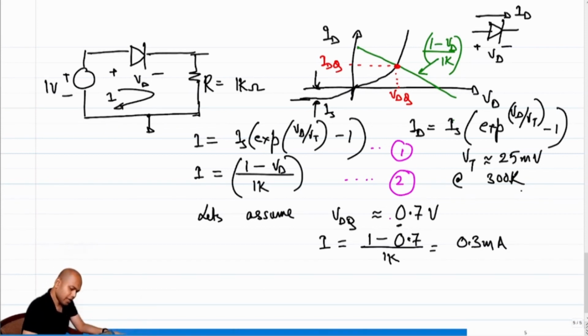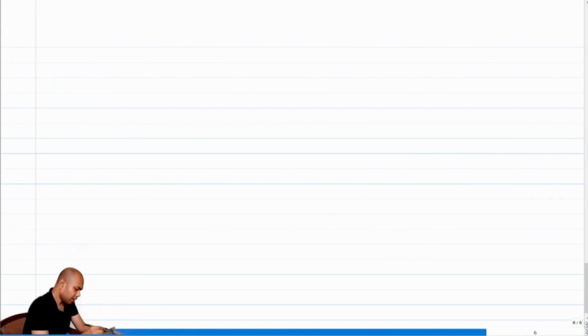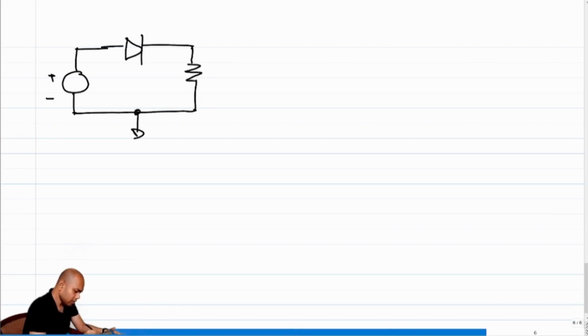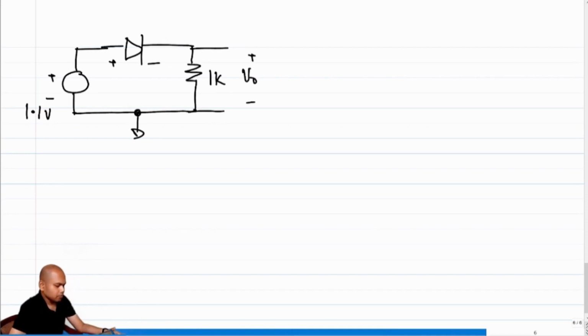Now if I tell you that I want to know the total current if my input is, let's say, 1.1 volt, and I have used the same diode, same resistance, and so on, I want to know, let's say, V0. So what should I do?